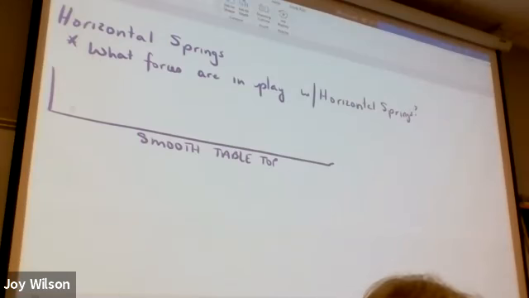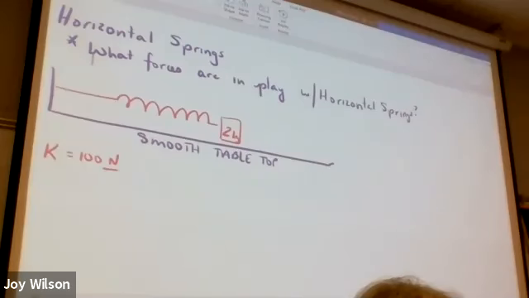So we're going to have, let's make this a 2 kilogram mass, and spring constant will be 100 newtons per meter.